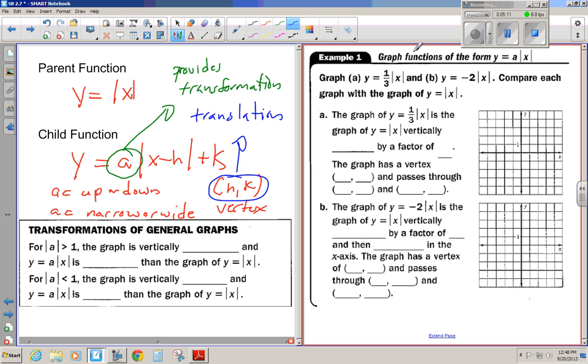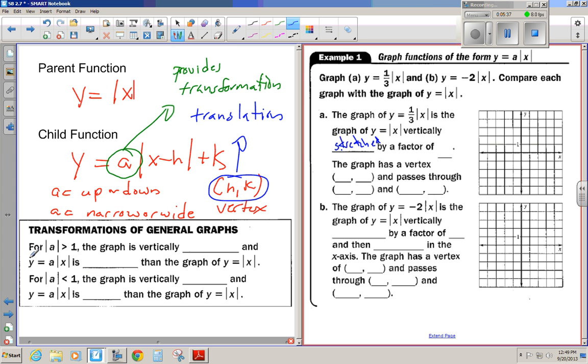So, comparing these. The graph of y equals the absolute value of 1/3 x is the graph of y equals the absolute value of x vertically stretched or shrunk. Okay, so this is how you'll know whether it's stretched or shrunk.